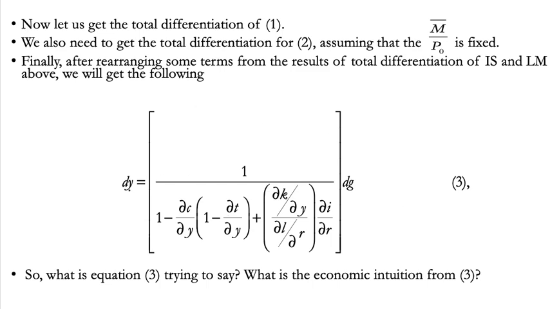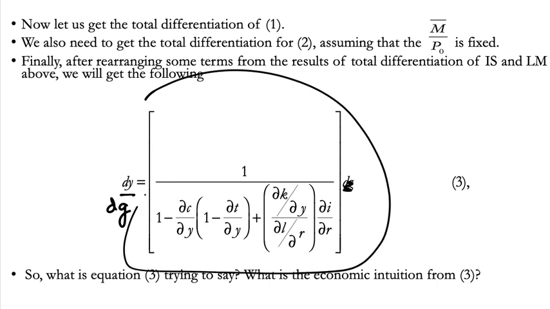Here, dY equals the term in the square bracket multiplied by dG. And if you bring dG to the left, you can get this. So what is this? What is it trying to say? It says if there is an increase in government spending, income will increase by the whole of this.